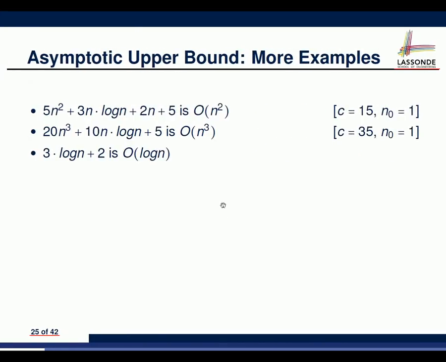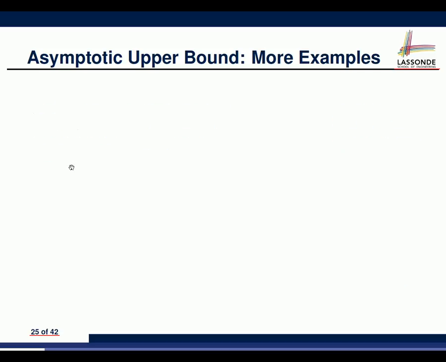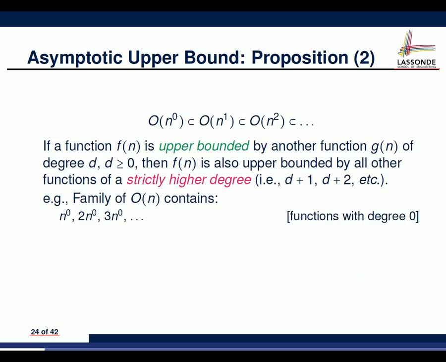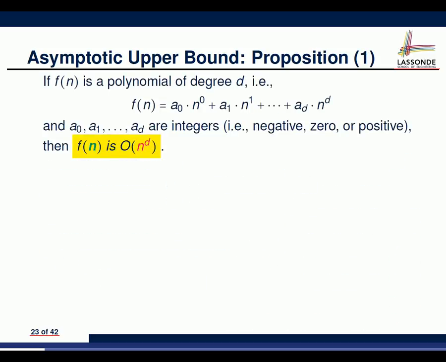Okay, so now let me review very quickly. This is the last example we did last time, on Monday. From the previous slides, I gave you a strategy. Of course, you don't have to memorize the proof. The strategy was, if you're given any function in general, a polynomial of some degree, which represents the runtime of your method or algorithm, you simply figure out a big O by looking at the highest power in the polynomial.